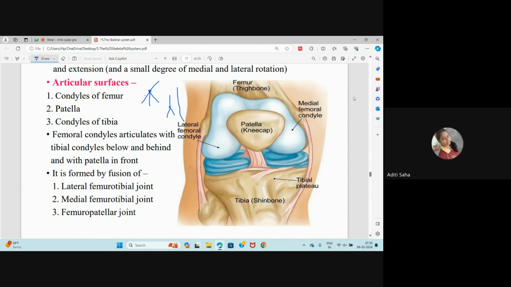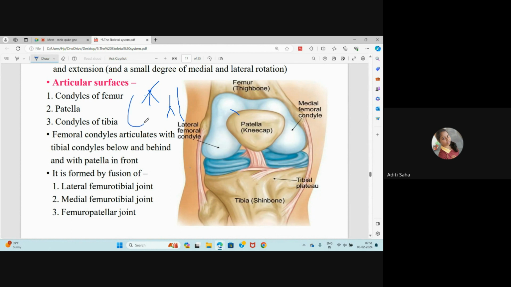If it is the right leg knee joint, then the left leg will be on this side, outside the screen. If this is the left leg knee joint, then the right leg will be on this side.